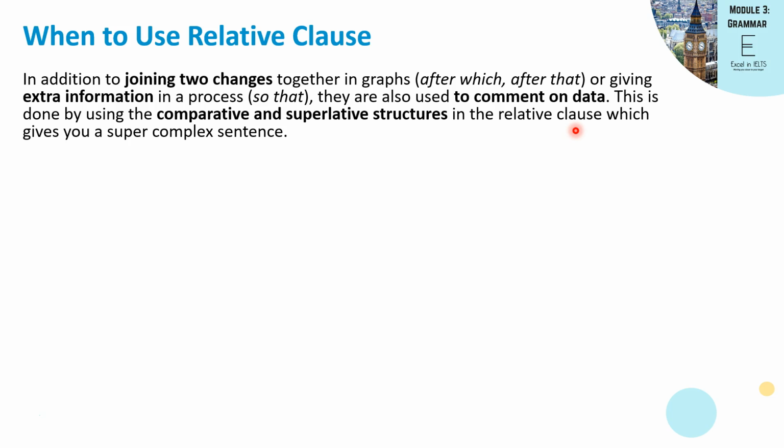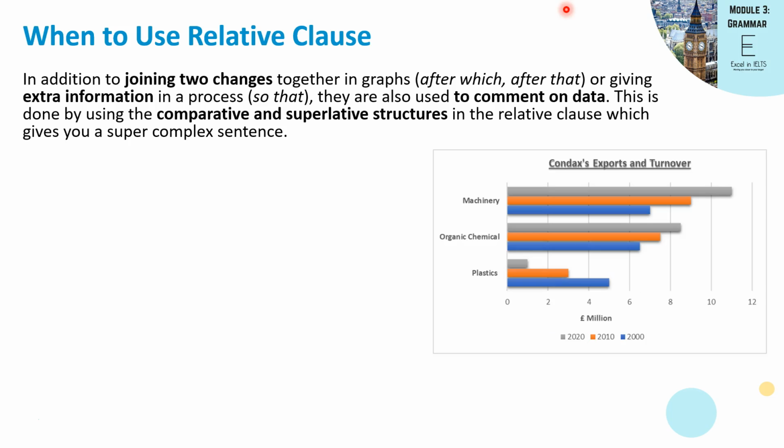Not a defining one, a non-defining relative clause. And this is done by using the comparative and superlative structures. And this gives you a super complex sentence because you've got a comparative structure within the relative clause.